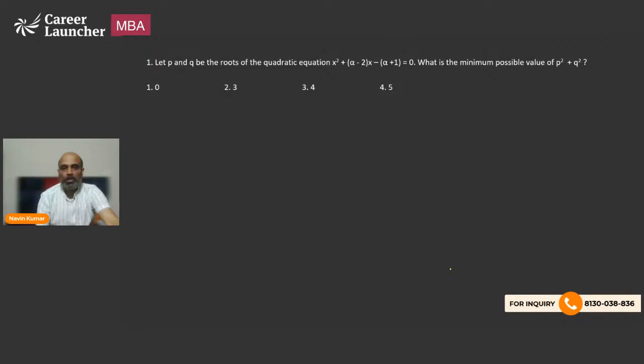So we have to come up with a particular way to get the value of P square plus Q square. So how can we do that? What is the best possible way? So what I'll do is I'll give you guys a couple of minutes. Let me know.